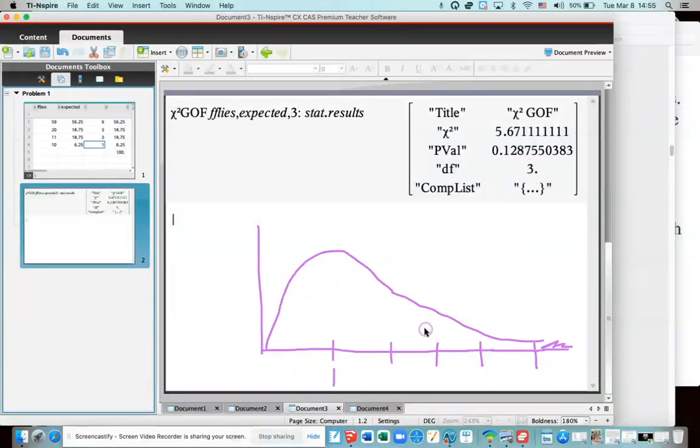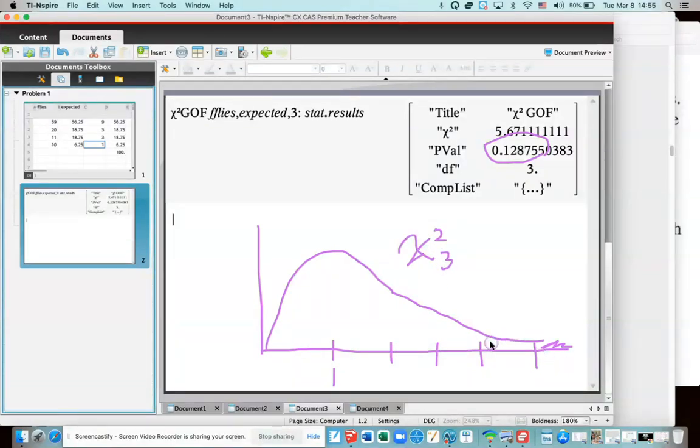I probably didn't draw my picture very well because I can see that my probability for that area is actually quite large. I mean, it's 12.9%. That's fairly large, right? I made it look really small in my graph, but it's really a little bit larger than that. So this is a chi-squared model for 3 degrees of freedom, right?